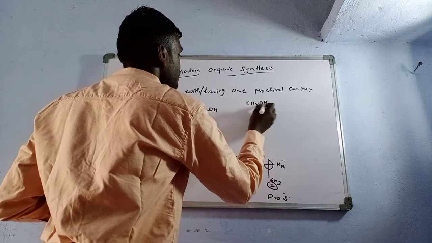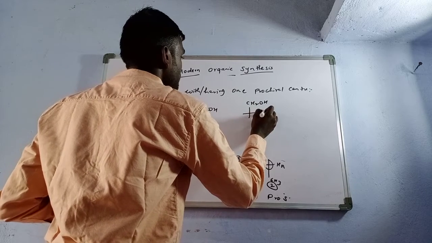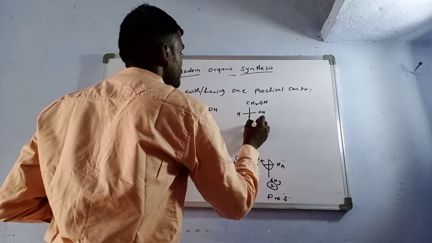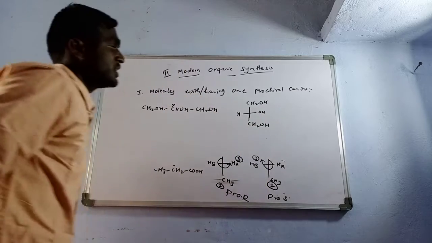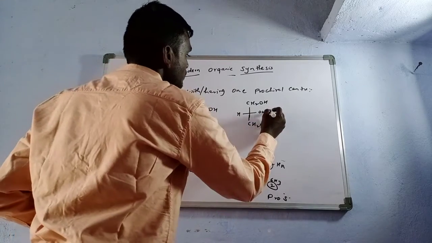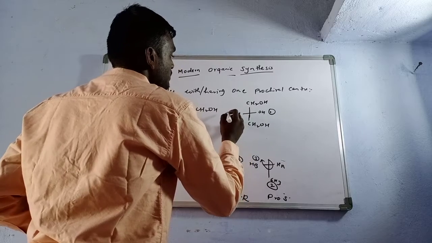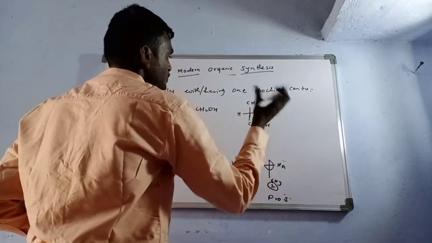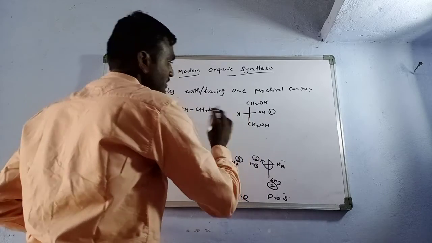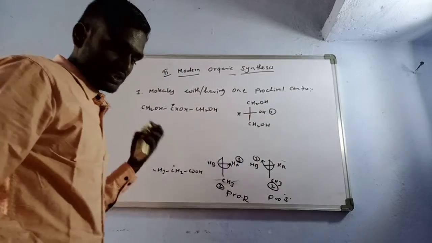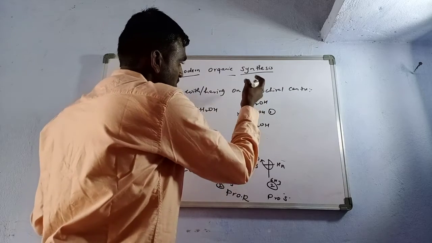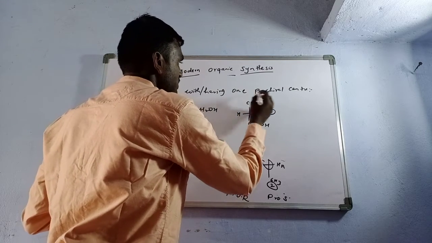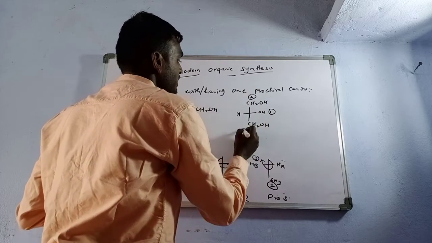This is CH2OH, and this is the OH and H, and this is CH2OH. We give the priorities according to CIP rules. These two groups are the same, so first let's label them as A and B.